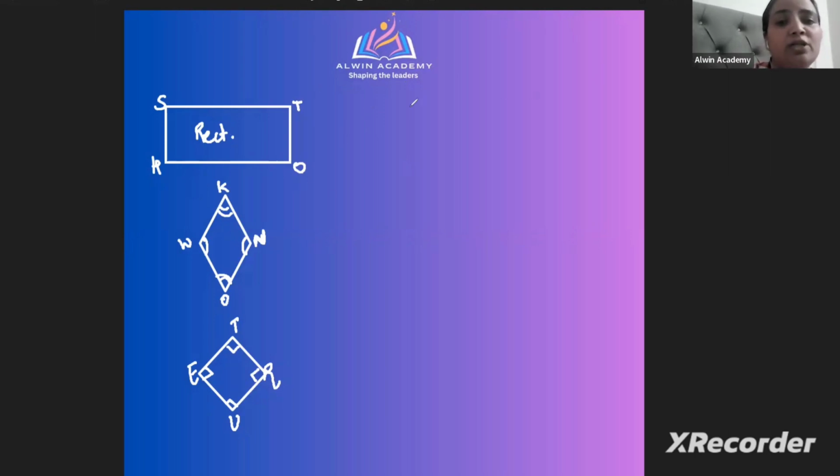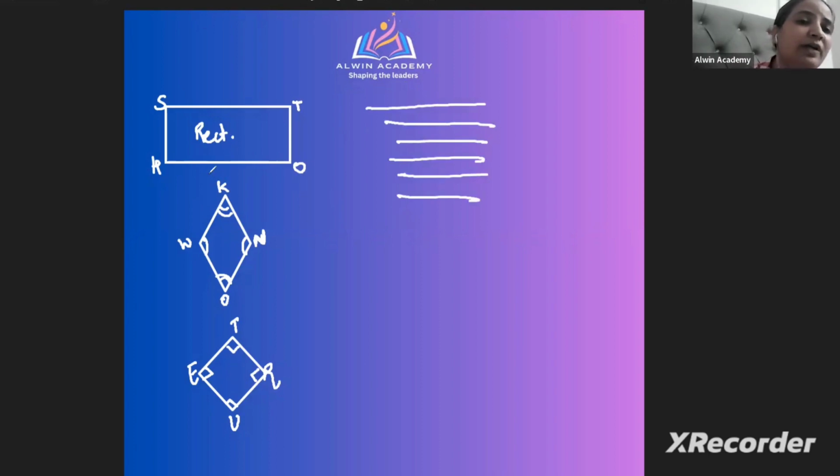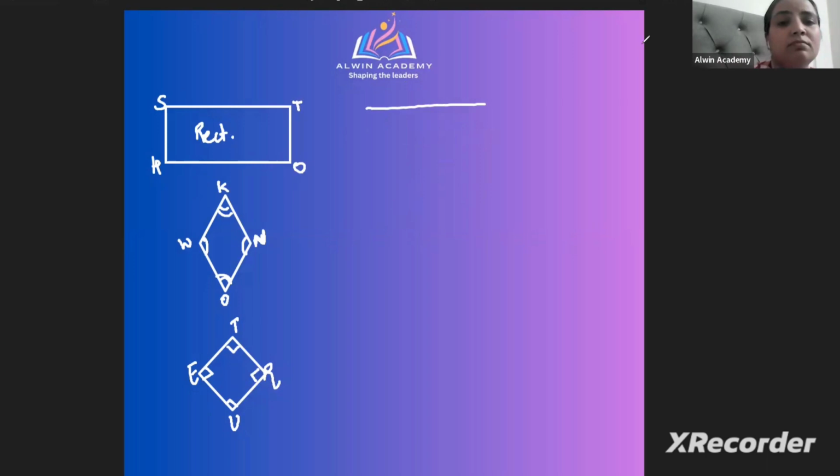Because all the properties should be written in front of a rectangle, no? So leave 5 lines between two diagrams. Okay. Geometry means it is very important to be neat. Nobody would draw a diagram like this. Don't do this, please. A single stroke has to be there.